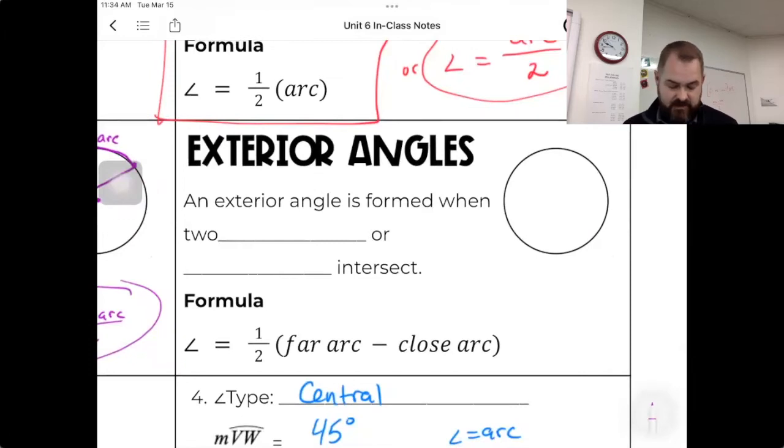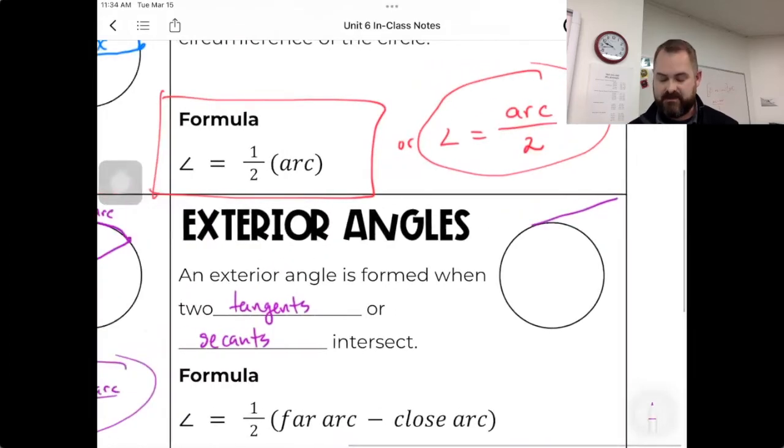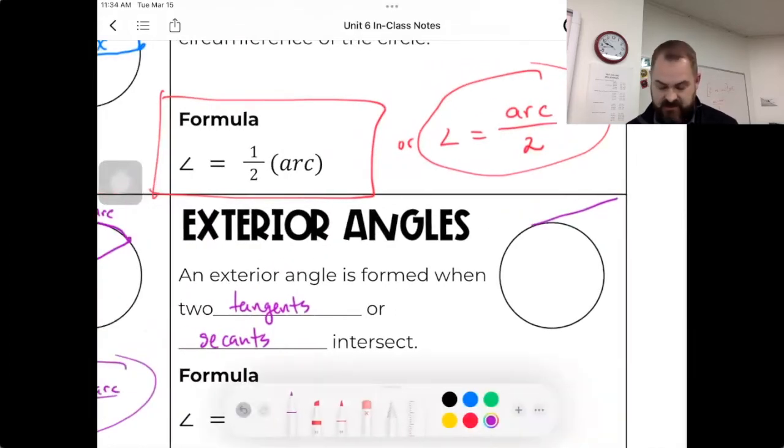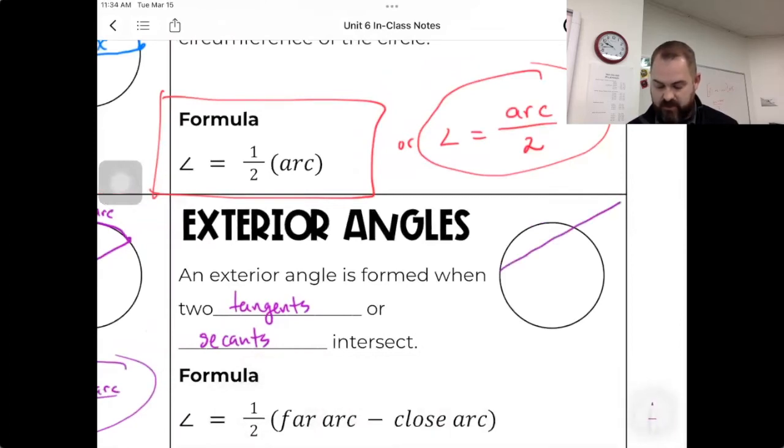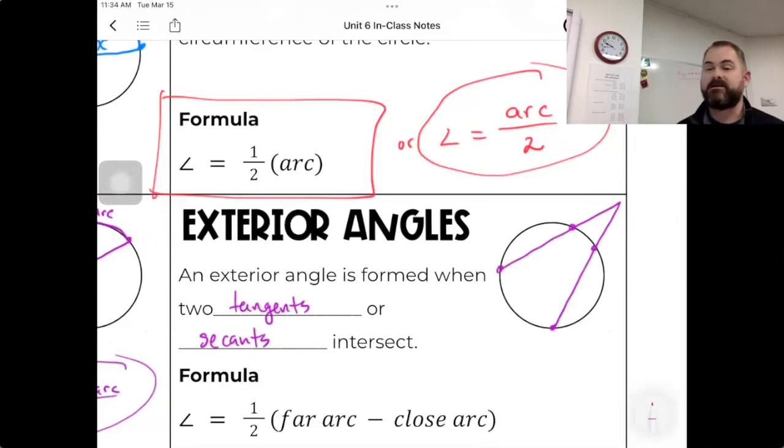So if I have two tangents or two secants, okay, so a tangent would be like that, where it intersects outside the circle. A secant would be like this, where it crosses the circle twice and has inside and outside. So if I did two secants for this example, it would work the same if I had two tangents, but two secants here, the angle itself is outside of the circle.